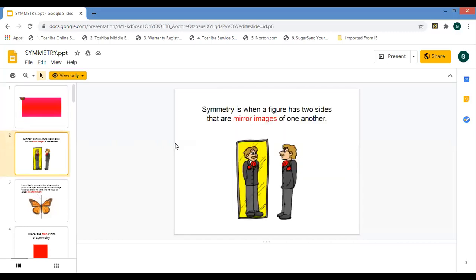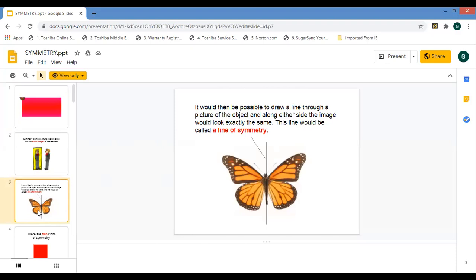Symmetry is when a figure has two sides that are mirror images of one another. Look, when we cut them, both shapes resemble each other. It would then be possible to draw a line through a picture of the object, and either side of the line would look exactly the same.